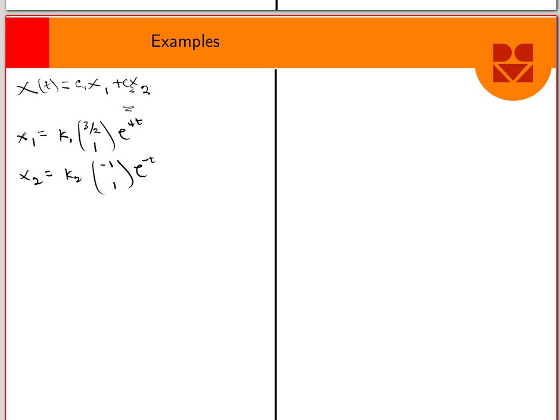So from the principle of superposition, our solution should look of this form: x of t equal to c1, since c1 k1 is still a constant, times 3 over 2, 1, e exponent 4t, plus c2 times negative 1, 1, e exponent negative t.